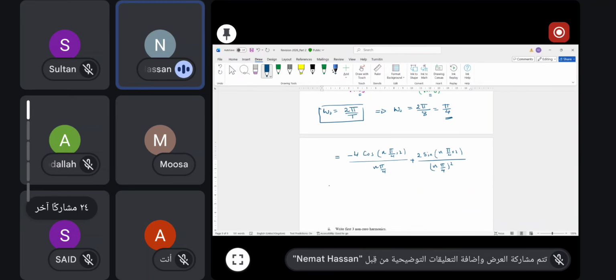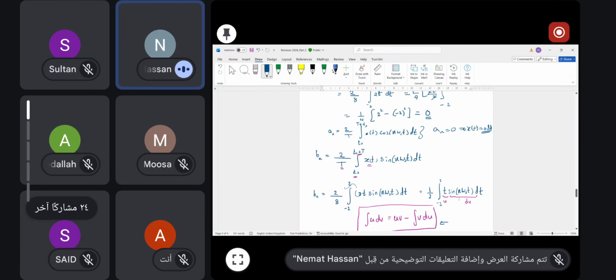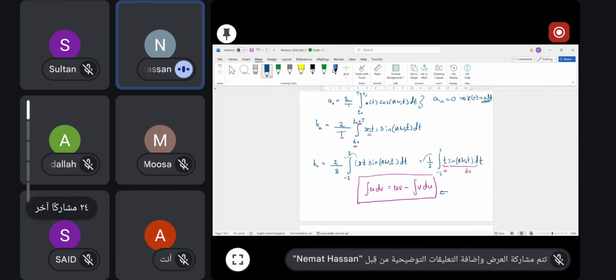Which means this is equal to minus 4 cosine n pi over 2 over n pi over 4 plus 2 sine n pi over 2 over n pi over 4 squared. This is just the integral, but remember there was a bit here that I skipped. So I'll just add it at the last step.